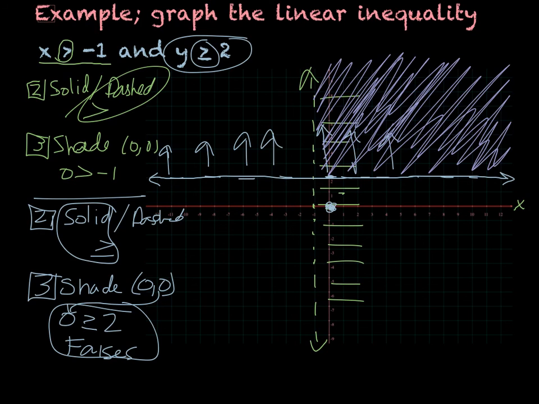Because up here, the green and blue overlap. So that's what you're looking for, the overlap area. So it's just going to be up here. And that would be your answer.